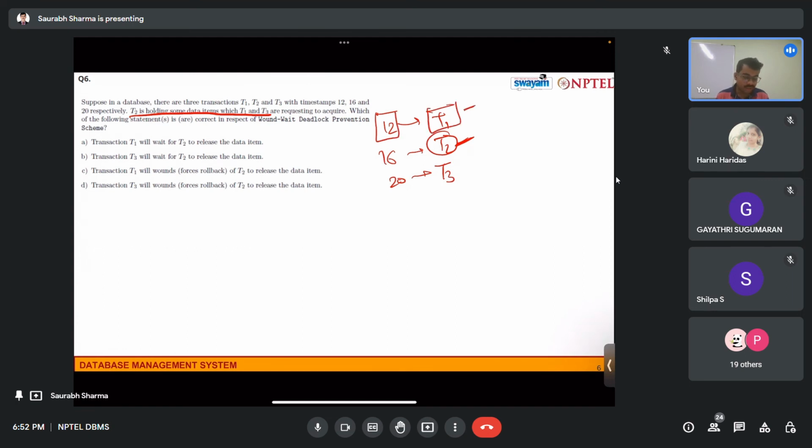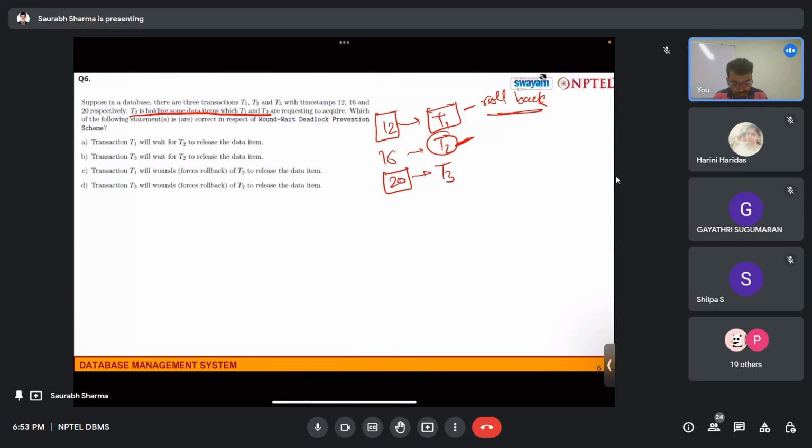So T1 will force rollback of T2, and the younger one, meaning the one with the larger timestamp, actually waits for T2 to release the item.